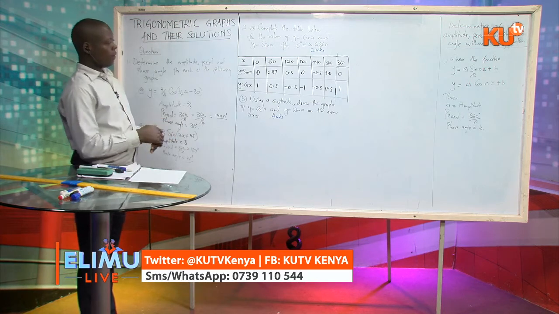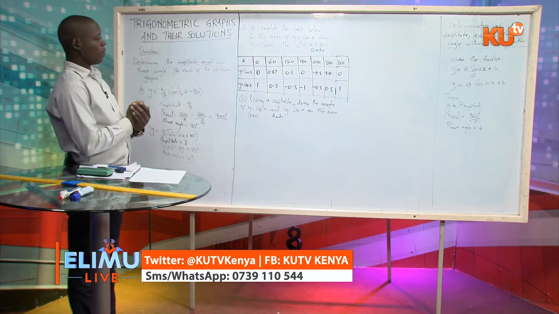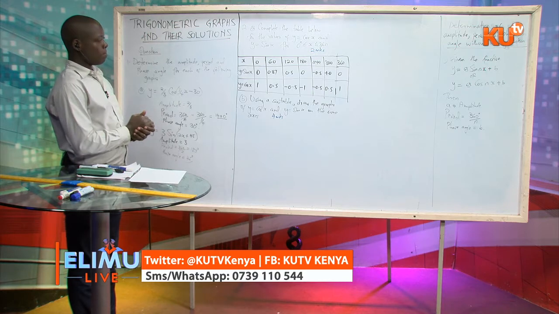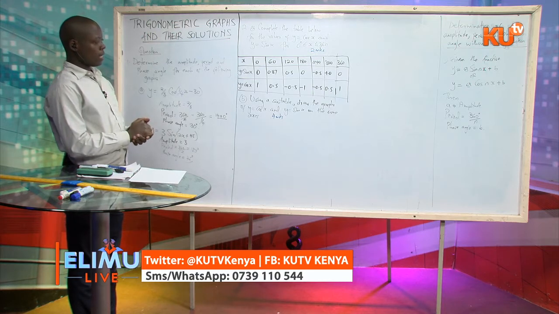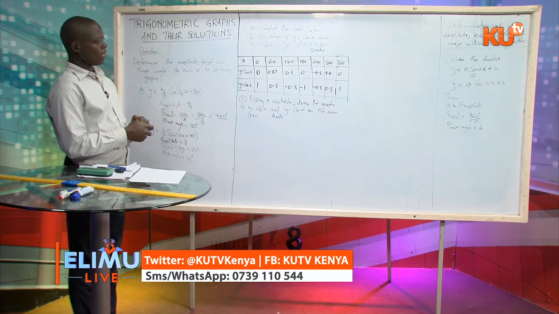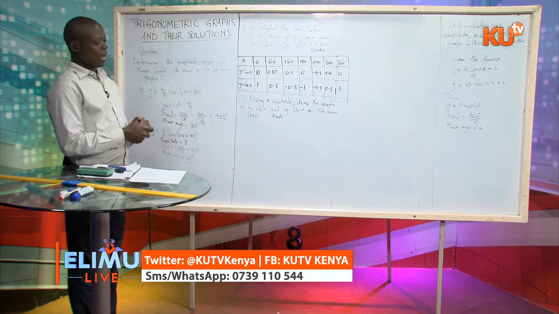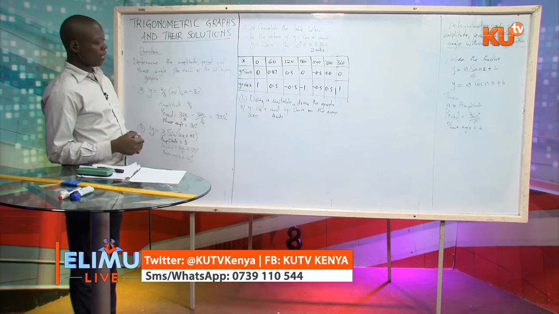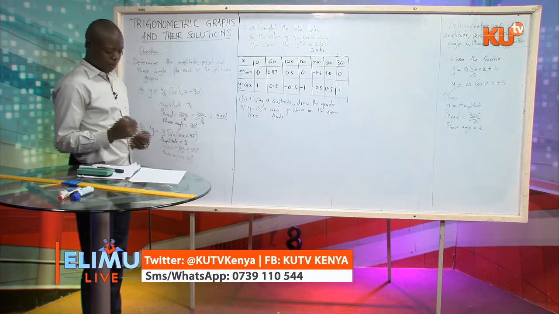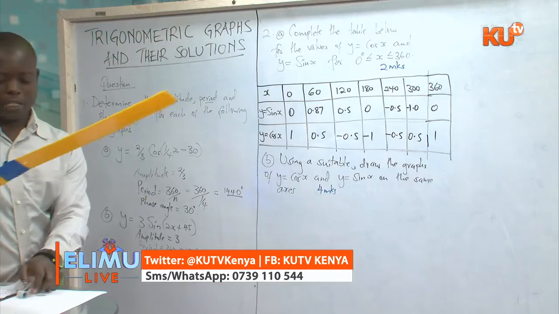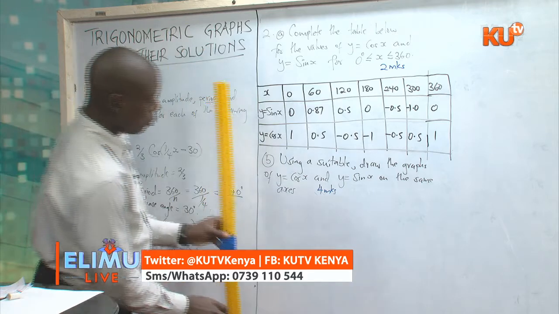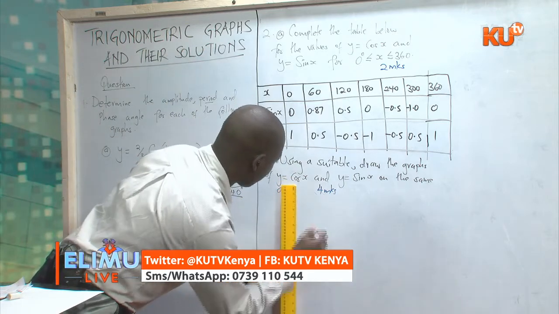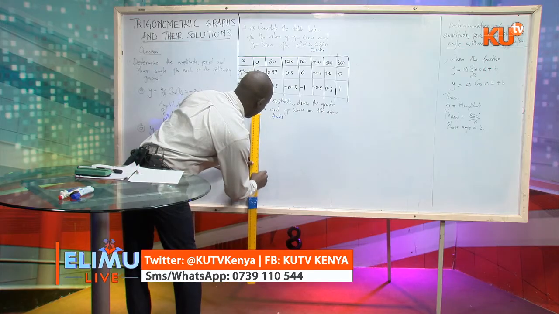The highest value of y is 1, and the lowest value is negative 1. For x, the lowest is 0, and the highest is 360. So what we need to do is to draw our Cartesian plane.